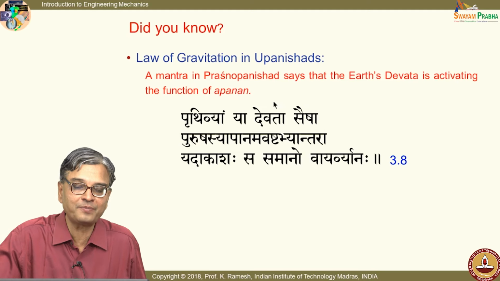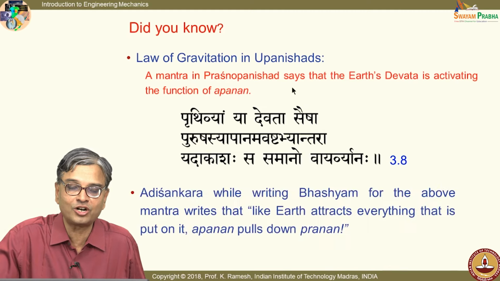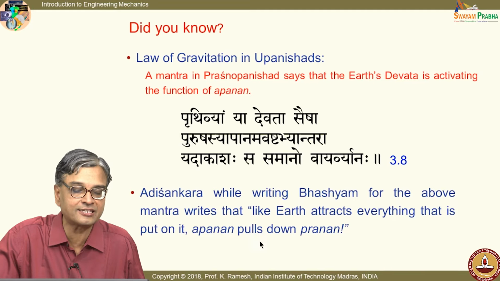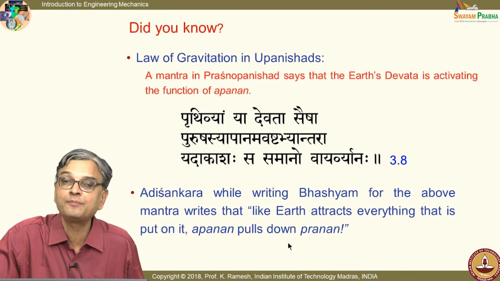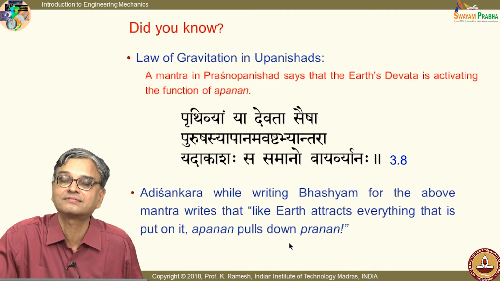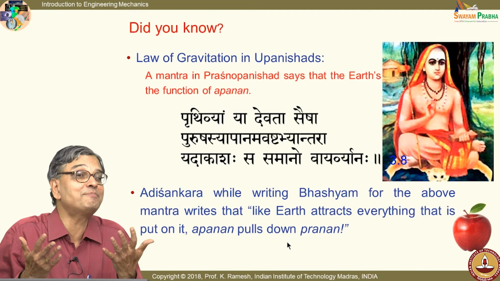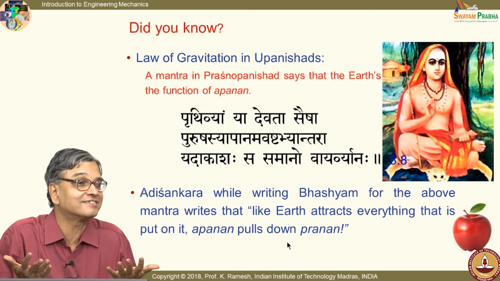So, Prithivyam ya devata, the shloka goes like this. When Adi Shankara wanted to explain the meaning, while writing the Bhashyam for the above mantra, he writes, like the earth attracts everything that is put on it, Apana pulls down Prana. And this was when? This was again in BC, before Christ.